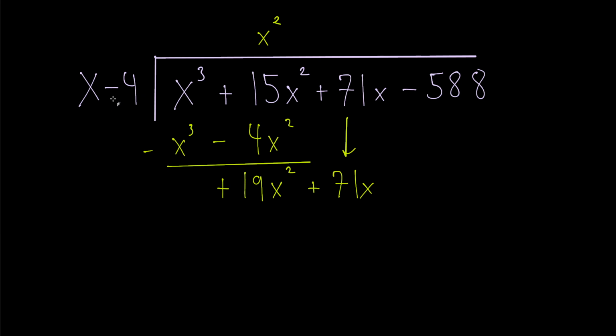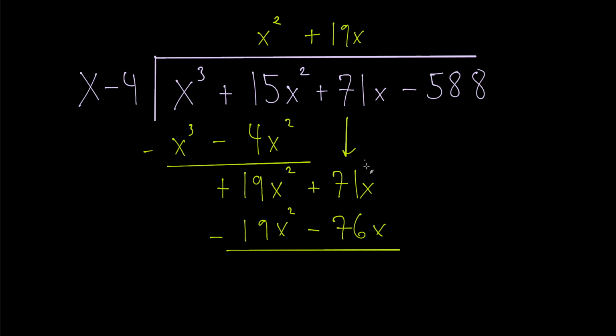This fits in positive 19x times. Multiply it out, we get the same thing. And then negative 4 times 19, that's minus 76x. And when we subtract negative, we're really adding, so we get positive 147x. How many times does x fit inside of that?